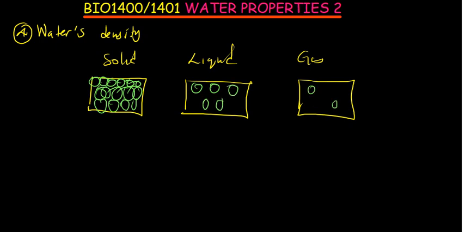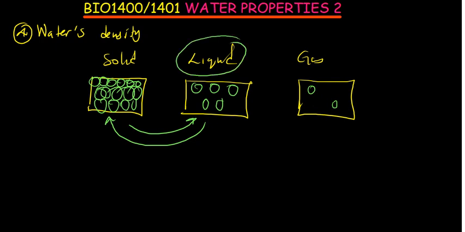When it comes to water, this is not true. Actually, for water, these two swap themselves. For liquid water, the particles are more closely packed and the density is higher. And in ice, the particles are sparsely packed and the density is smaller. That explains why ice floats on water.